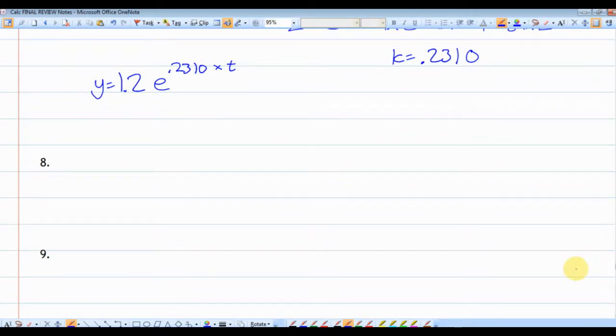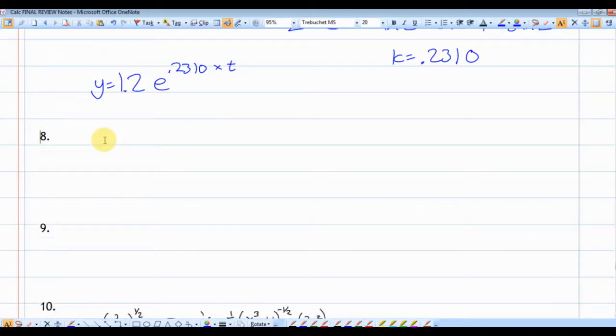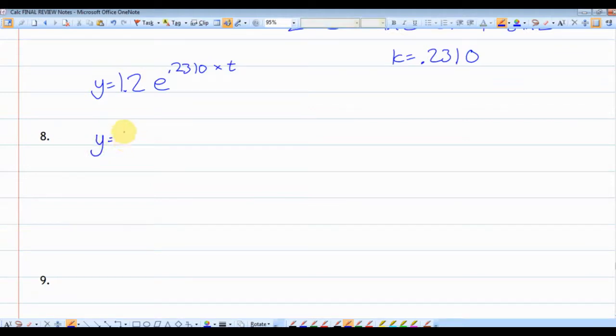Question 8. We have a radioactive element that has a half-life of 50 days. Okay, so I don't actually have this memorized, so I'm just going to go ahead and write down, first of all, the general exponential growth and decay model, which is y equals a e to the kt. And if half-life is 50 days, that means that 1/2 of a equals a e to the 50k.